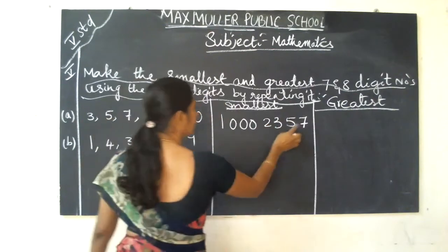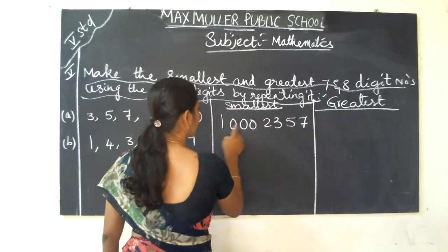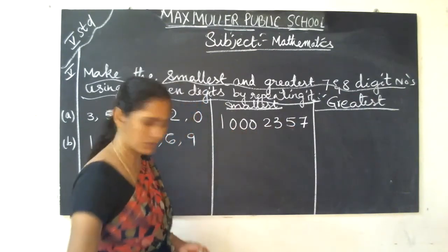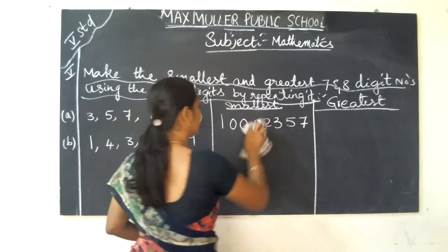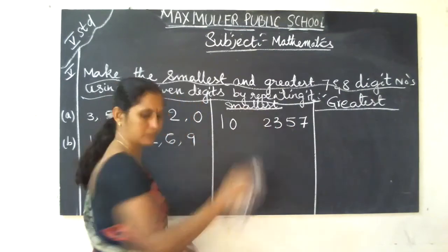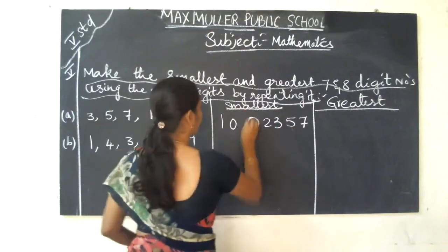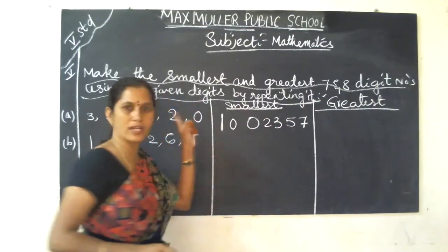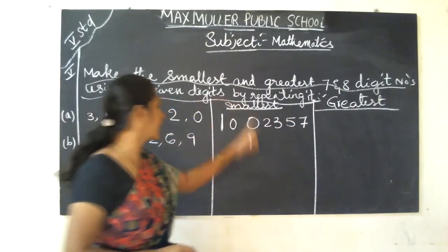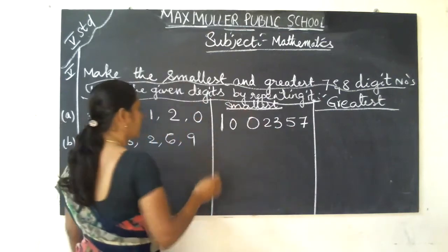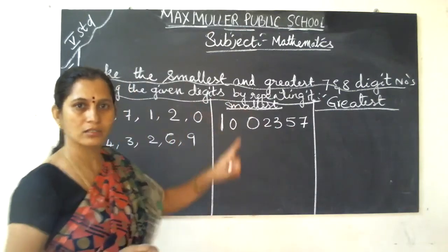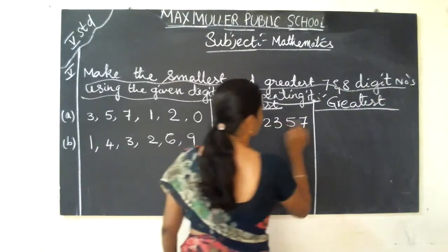That is 7 digits. For a 7 digit number, once we have to repeat, and for an 8 digit number, you have to repeat twice. Sorry, thrice.